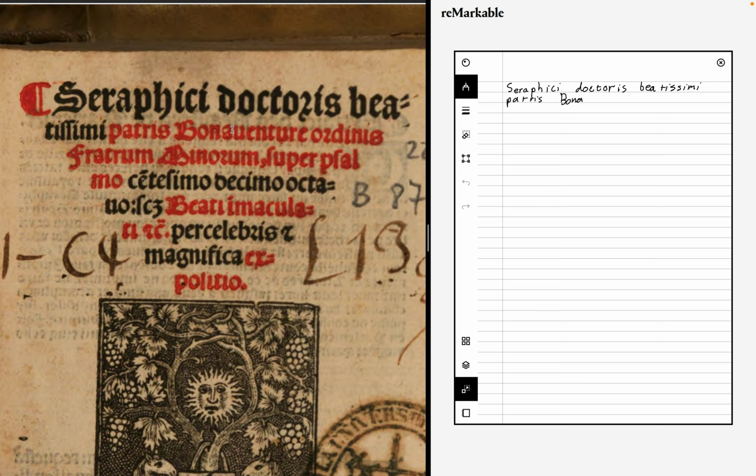It's really simple. U versus V. V when it's at the beginning of a word. U everywhere else.